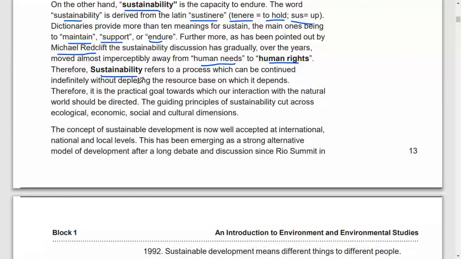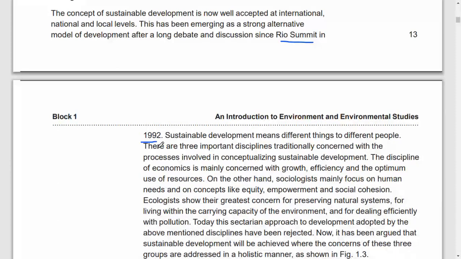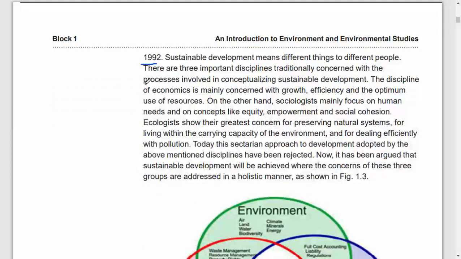The concept of sustainable development is now well accepted at international, national, and local levels. It has been emerging as a strong alternative model of development after a long debate and discussion since the Rio Summit in 1992. Sustainable development means different things to different people.